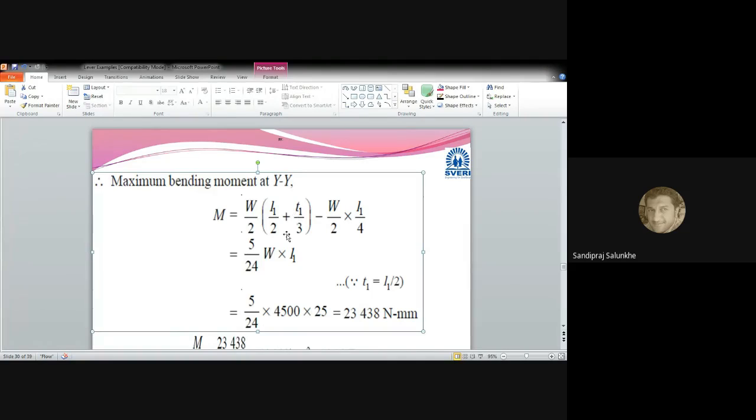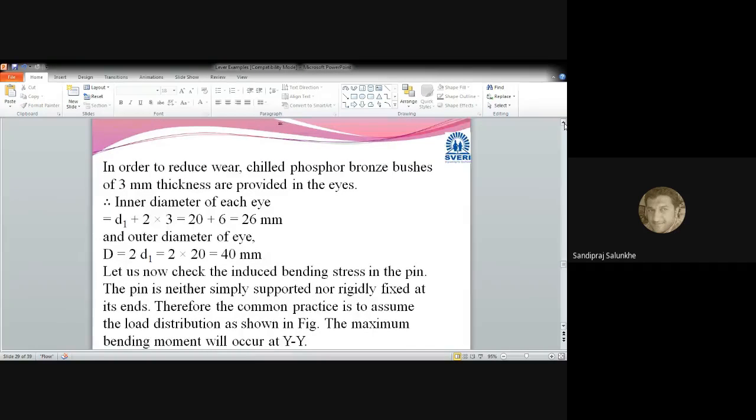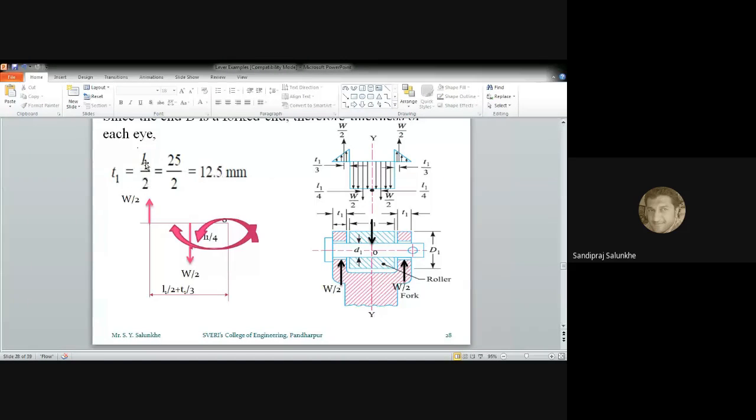Right? So this bending moment, we are just going to simplify this equation, with this minus sign and here the plus sign. We are going to put the value of W also. Okay. And that will be 5 by 24 W into L1, where we consider the thickness, because already we have calculated this T1 value, which is L1 by 2, which is 12.5 millimeter.